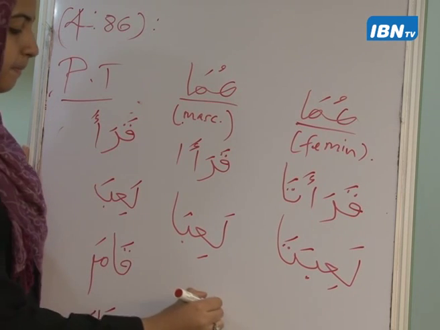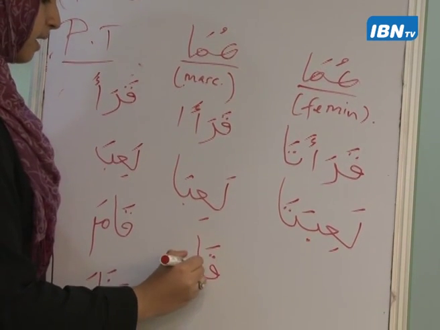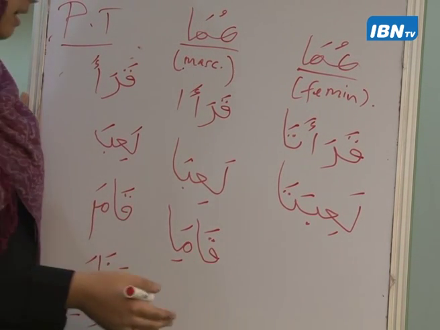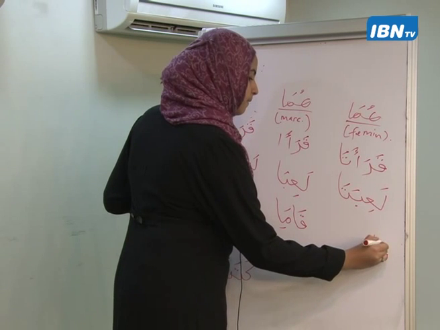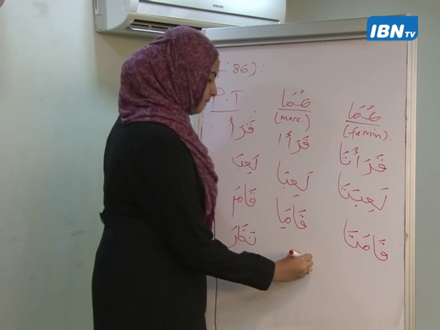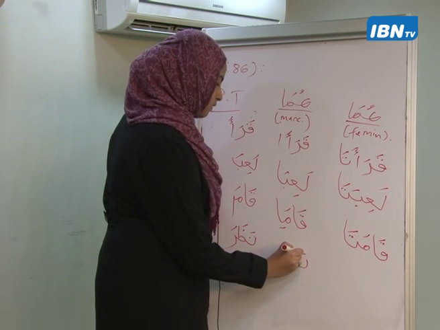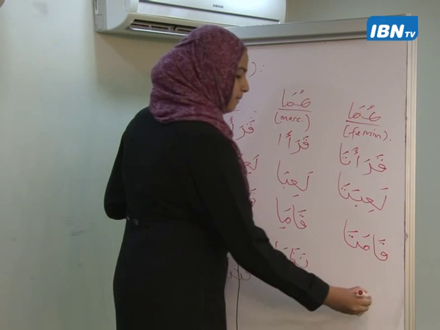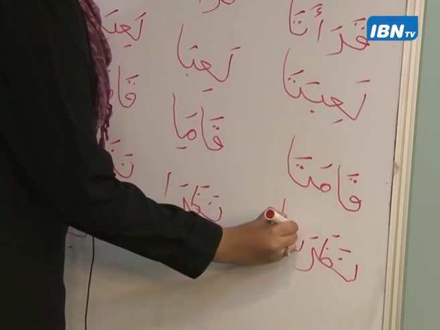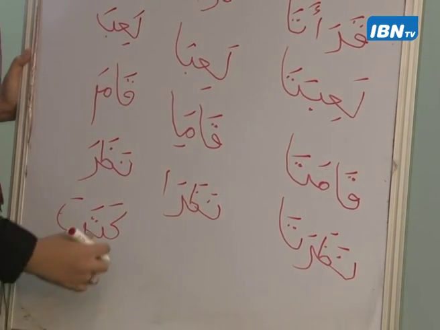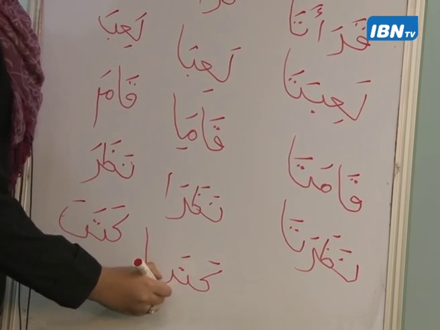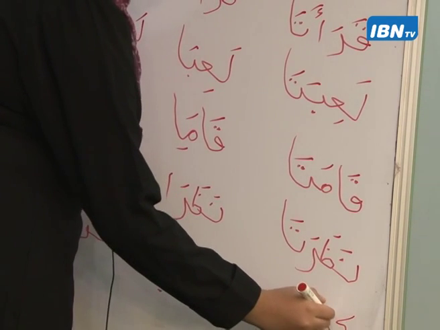Qama will become qama, adding an alif everywhere and a ta'ut ta'nith with alif where necessary. Qama becomes here qamata. Nadhara, and here will become nadharata. And lastly, the final example, kataba and katabata.